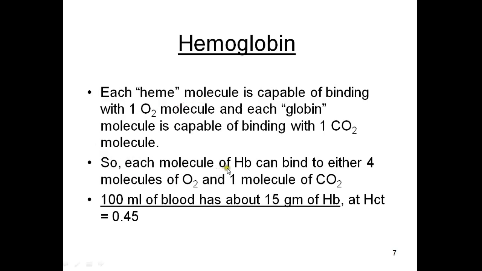Each molecule of hemoglobin can bind to 4 molecules of oxygen and 1 molecule of carbon dioxide. So 100 ml of blood has about 15 grams of hemoglobin normally, when the hematocrit or PCV is 0.45.